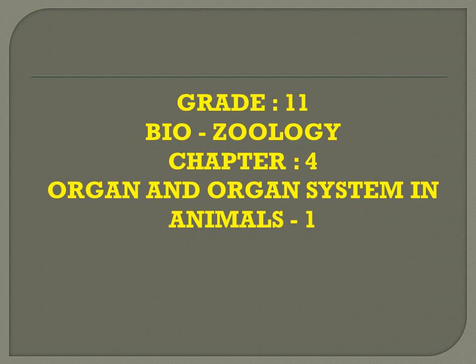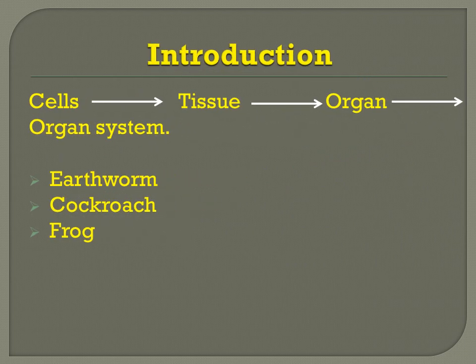Today we are supposed to discuss one new chapter, that is organ and organ system in animals. In the previous class we discussed tissues, and various tissues and their structure and functions.